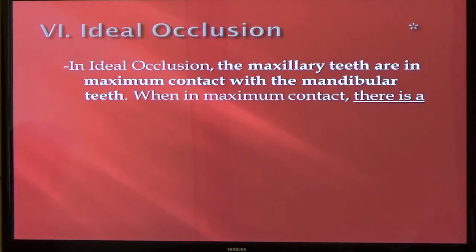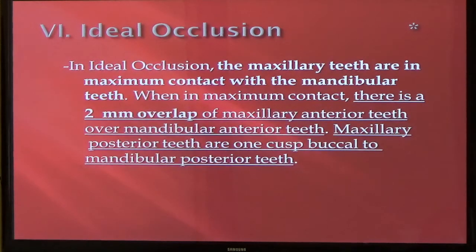As long as you're functioning and there's no problems with your teeth, that's your ideal occlusion. But in the literature, the ideal occlusion is when the maxillary teeth are in maximum contact with the mandibular teeth. So when you get home, put your yellow models together and mount them the way they come together best. That's the ideal occlusion, that's the maximum contact.